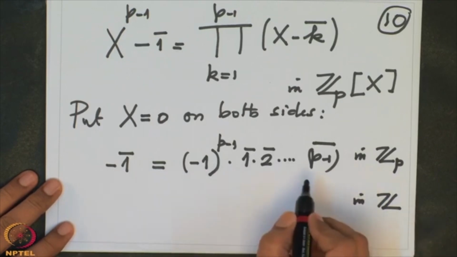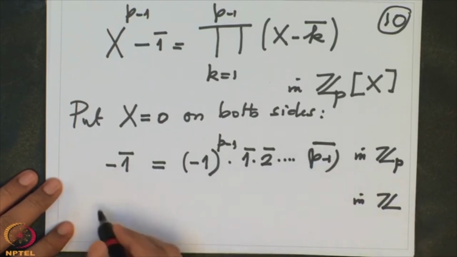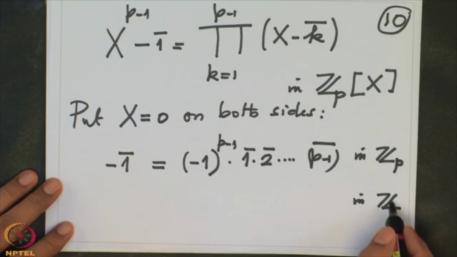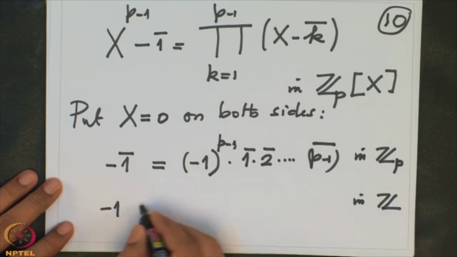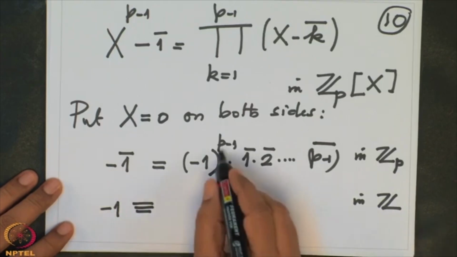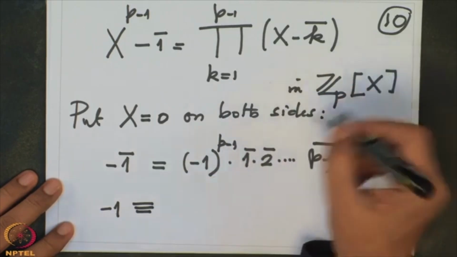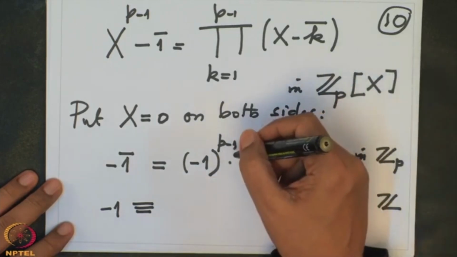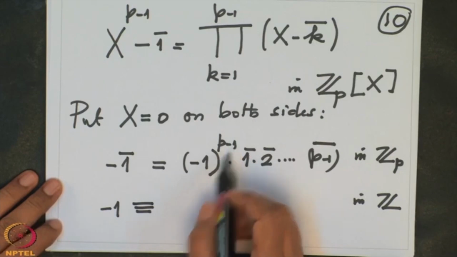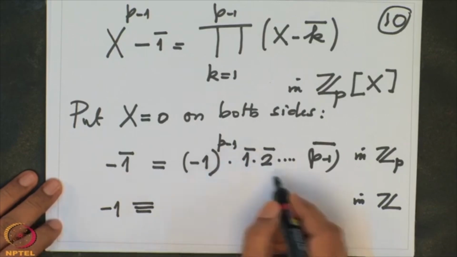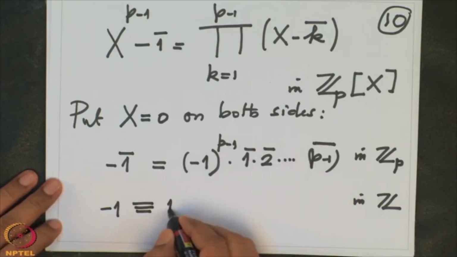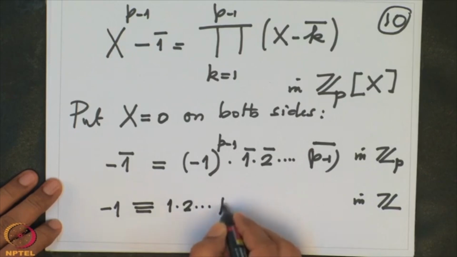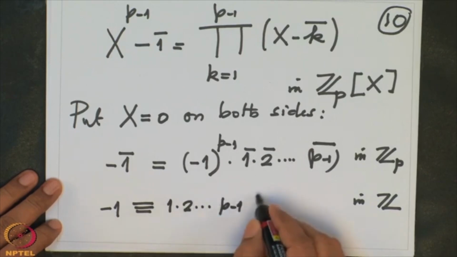So I want to lift this equation to Z. Minus 1 is congruent to, and you see p is a prime number, therefore p minus 1 is even, so minus 1 power p minus 1 is just 1, and then instead of bars I write 1 into 2 into up to p minus 1, mod p.